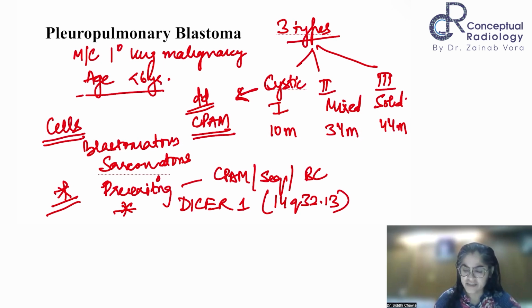And some other malignancies are also associated with DICER1, which you may or may not remember, but these are basically nephromas, pineoblastomas, and thyroid cancers, or ovarian sex cord tumors, or embryonal rhabdomyosarcomas. But the important thing is that you should remember it with the pleuropulmonary blastoma. And sometimes you can advise the patient to get genetic mutation testing done.